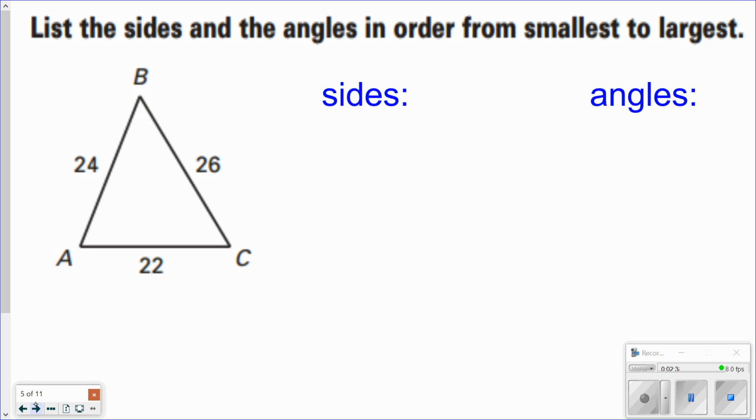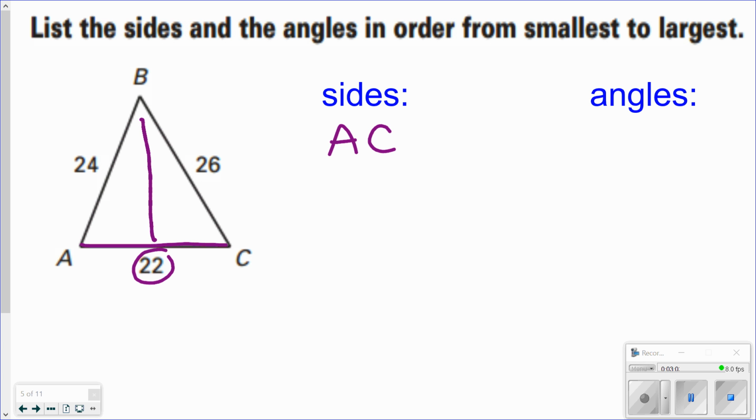Let's try this again. List the sides and the angles in order from smallest to largest. Now we are given the sides, so let's start there. What's the shortest side? It'd be 22, which is AC. Since this is the shortest side, let's figure out what the smallest angle is.